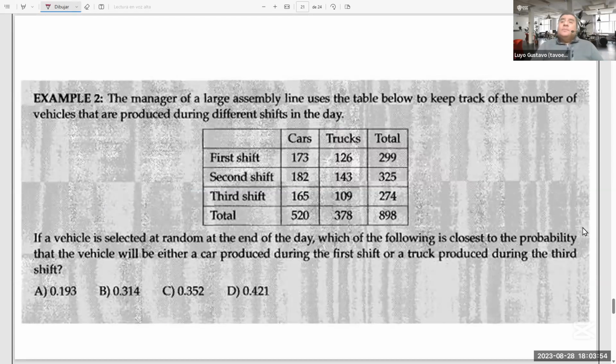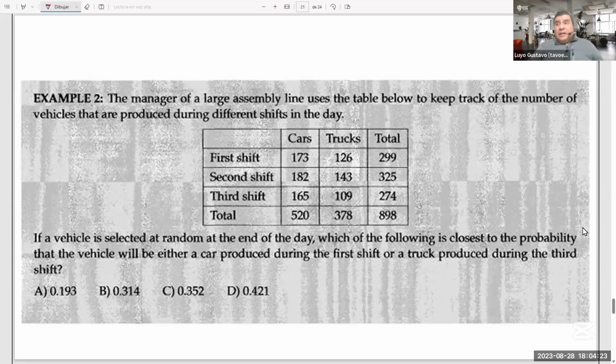Example 2. The manager of a large assembly line uses the table below to keep track of the number of vehicles that are produced during different shifts in the day. It's a table there. If a vehicle is selected at random at the end of the day, which of the following is closest to the probability that the vehicle will be either a car produced during the first shift or a truck produced during the third shift?